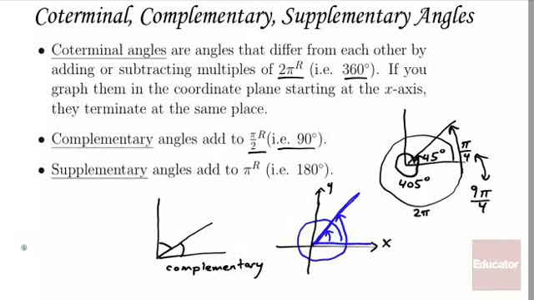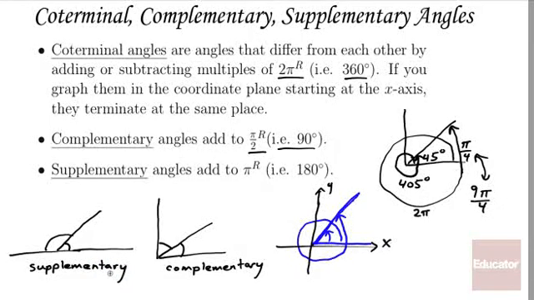And supplementary angles are angles that add up to being a straight line, in other words pi radians or 180 degrees. So those two angles right there are supplementary. That's all the vocabulary you need to learn about angles, but we'll go through some examples of each one to give you some practice.